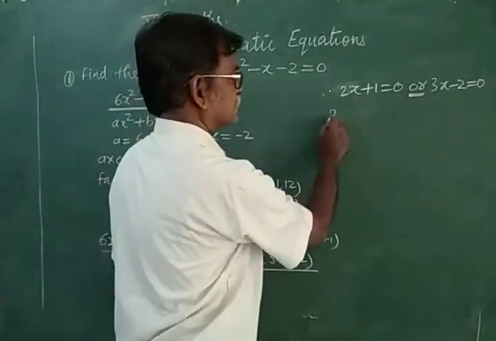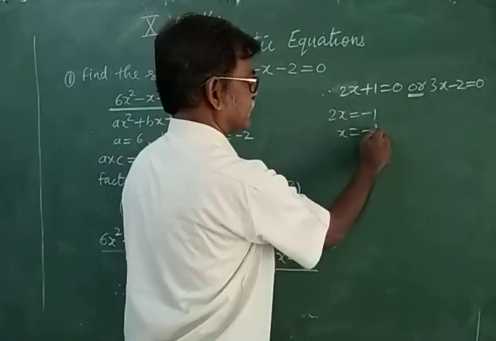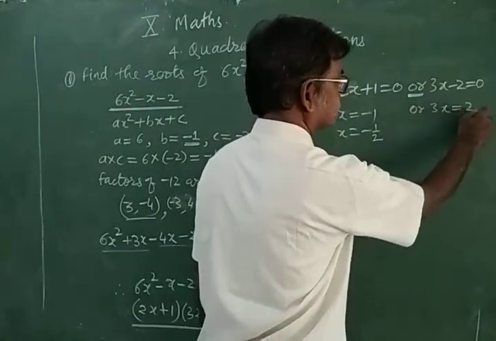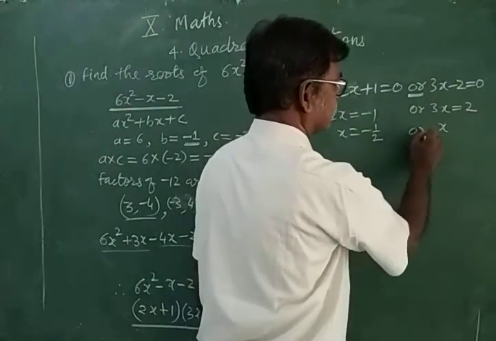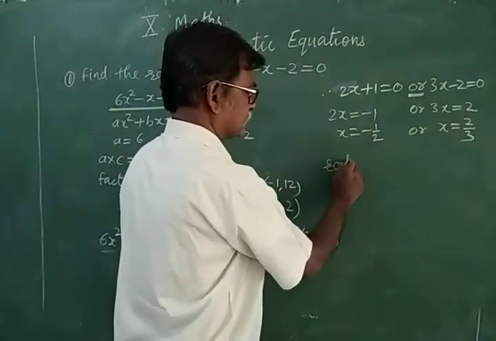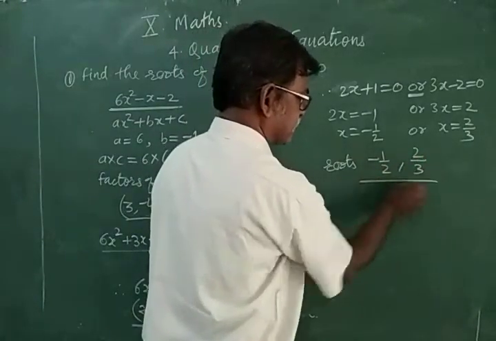So from this 2x is equal to minus 1, so x is equal to minus 1 by 2. From this 3x is equal to 2 and x is equal to 2 by 3. So the roots are minus 1 by 2 and 2 by 3. These are the roots.